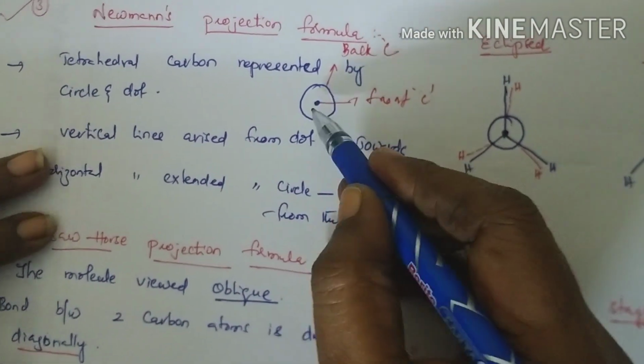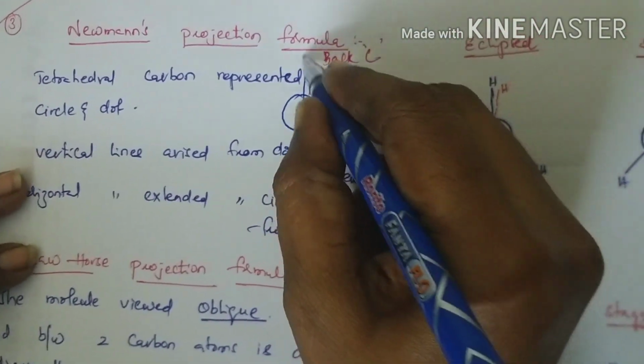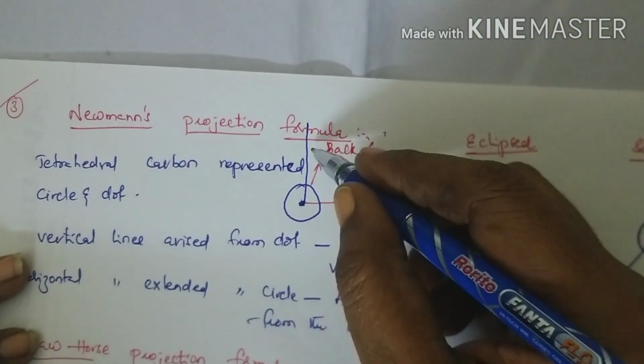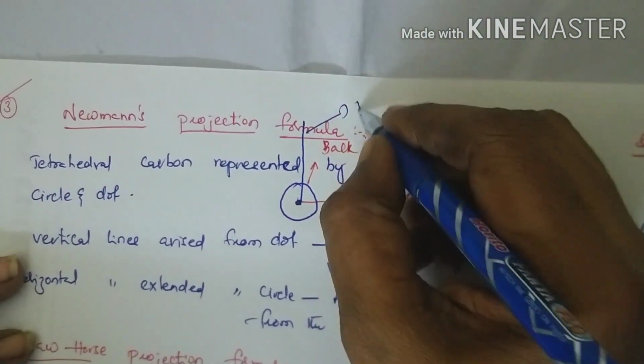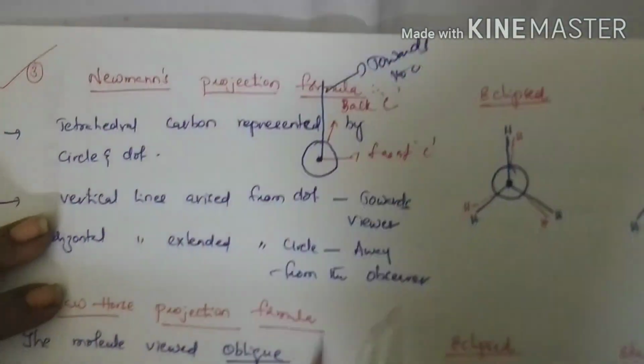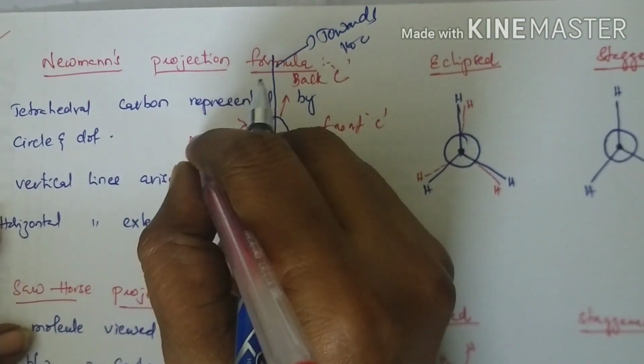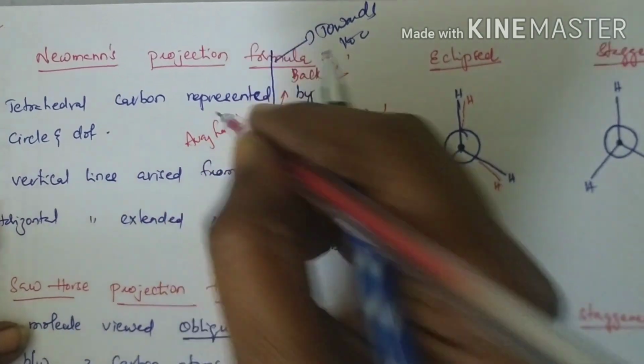The lines arising from the dot are considered as towards the observer. The lines extended from the circle are away from the observer.